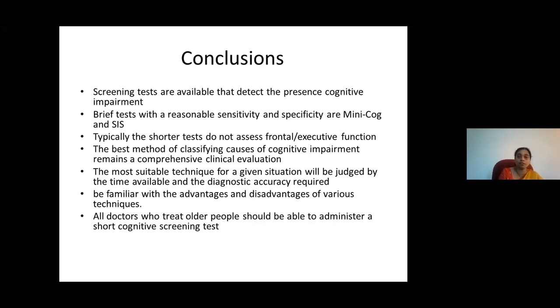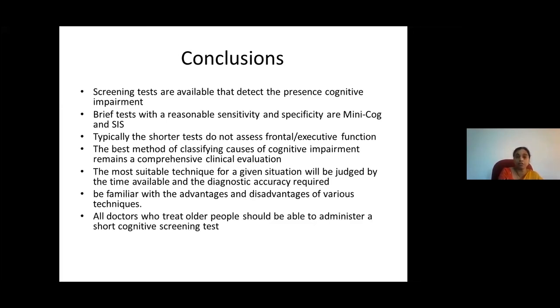And the best method of classifying causes of cognitive impairment remains comprehensive clinical evaluation, history, examination, and investigations, then cognitive assessment tools. The most suitable technique for a given situation will be judged by the time available and the diagnostic accuracy required. The purpose and the time come first before you decide which assessment tool to use.